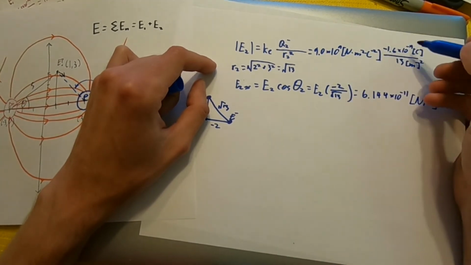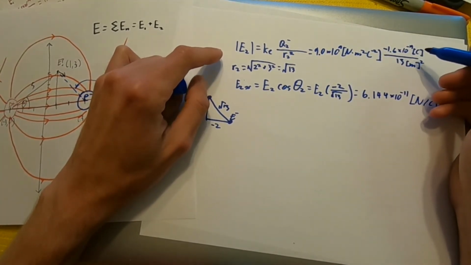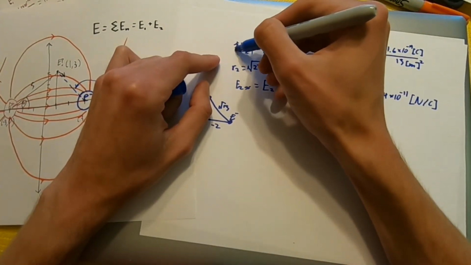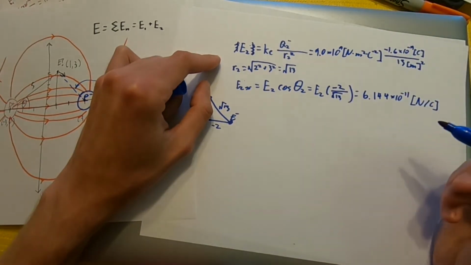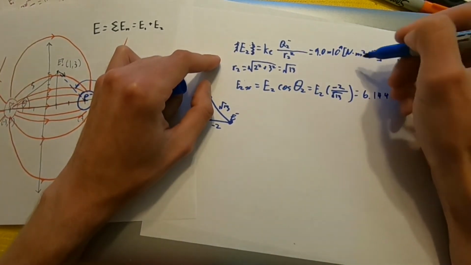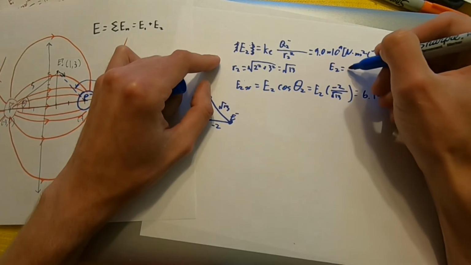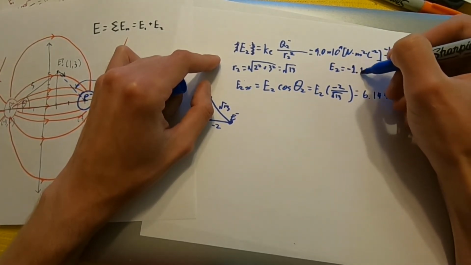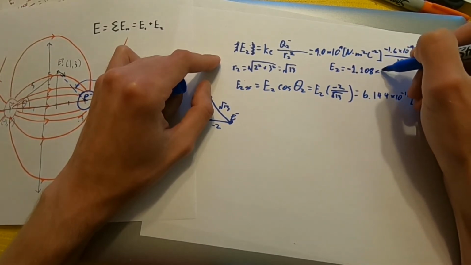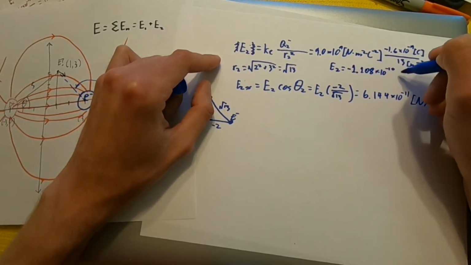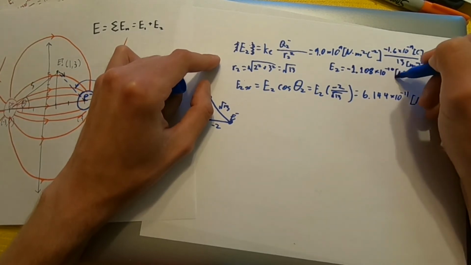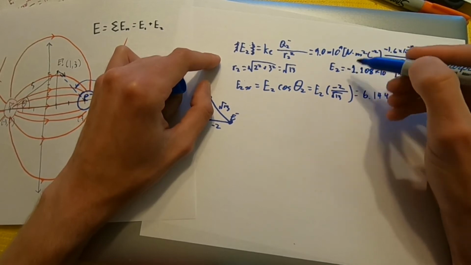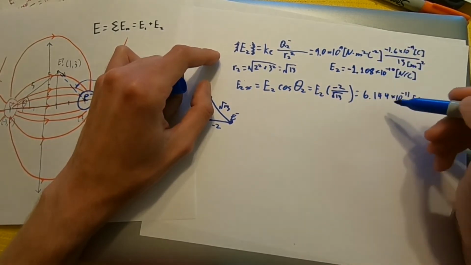Well, if we go back to calculate what our magnitude of E2 was, or not magnitude, I should say, because we're actually calculating the net result, E2 is going to be equal to negative 1.108 times 10 to the negative 10th newtons per coulomb. So because we have that negative here as a result of the electron, but then we go back, we end up with a positive number.